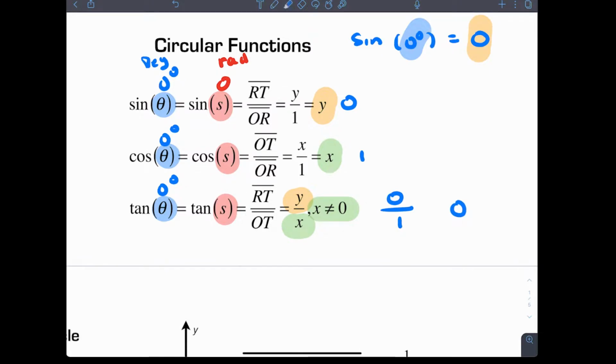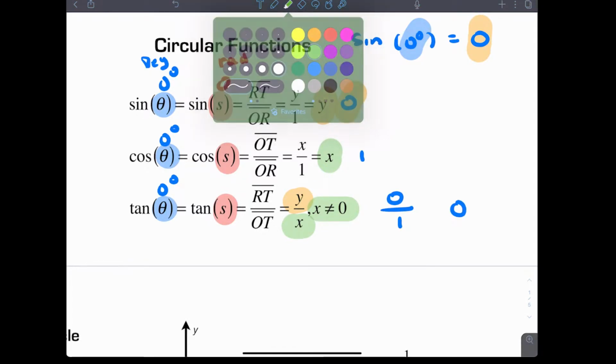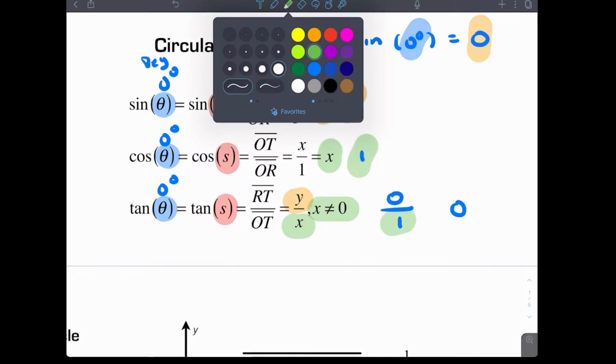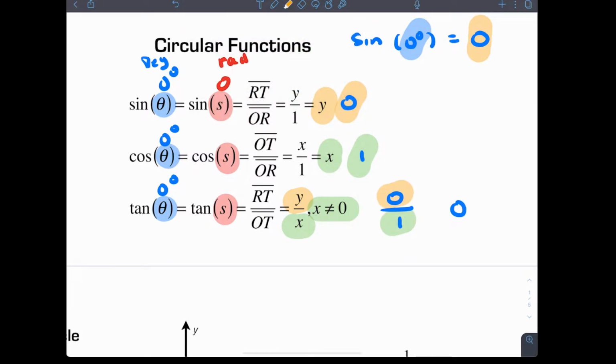So let me highlight all the answers. I'm going to do this here. Orange, green, green, orange, and your final answer here, I'll put in a box. This is 0. This is 1. And this is 0.